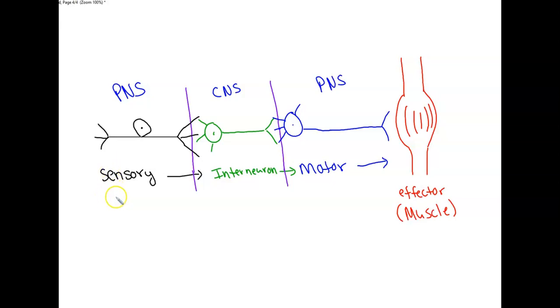So if you remember, these are afferent and these are efferent. Efferent goes away from the central nervous system going to the effector. Afferent goes to. All right, that's finishing up with those notes.